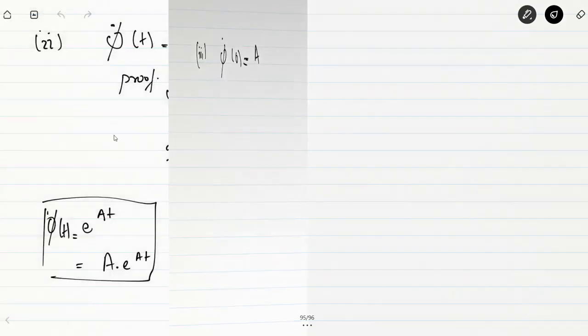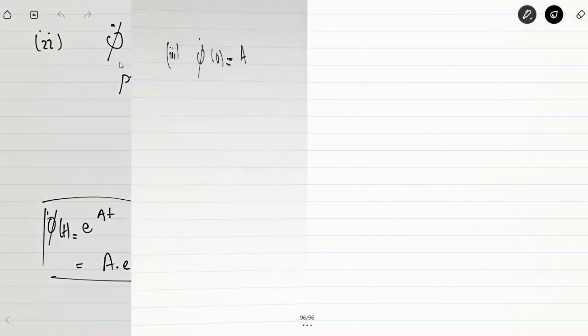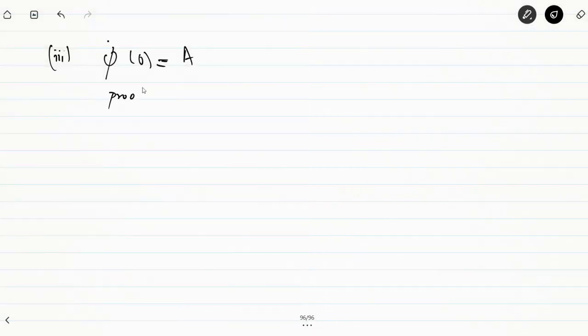Property number 3. These are simple mathematical properties. Phi dot of 0 will be equal to a. Fine. Now phi dot of t is equal to a into phi t.